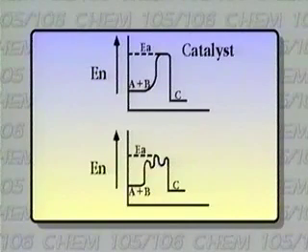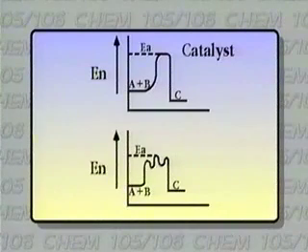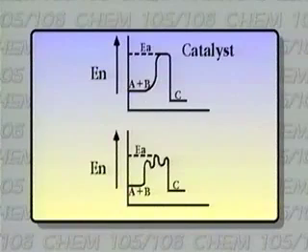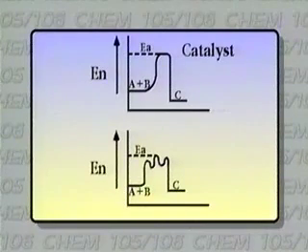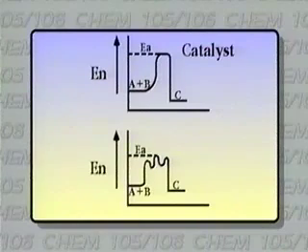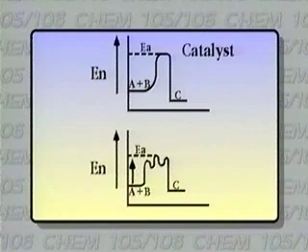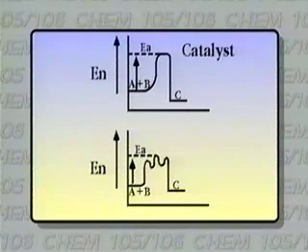Again, energy over here. And again, we start with A plus B. But this time we might find that we do something like this. We come over a couple of hills and then down to product, where the highest of these, in this particular case I've just shown the last one, but it would not necessarily be, that this activation energy now is much smaller than the activation energy that we had for the non-catalyzed reaction.